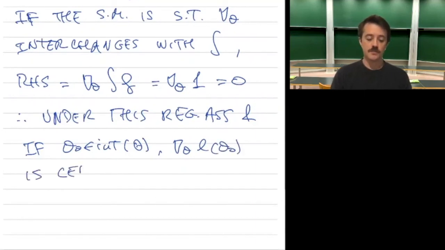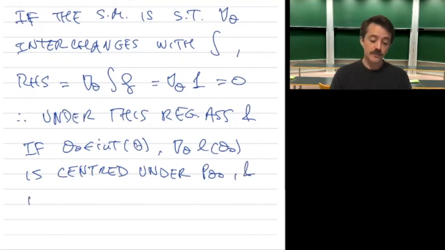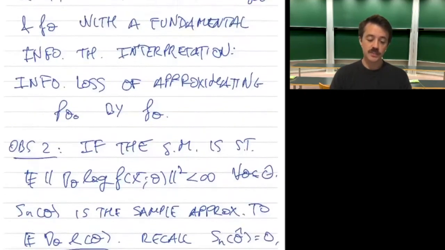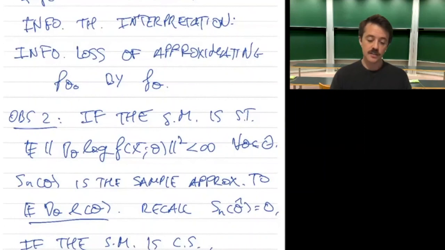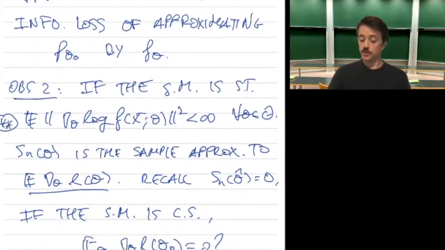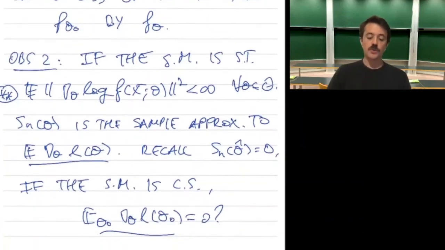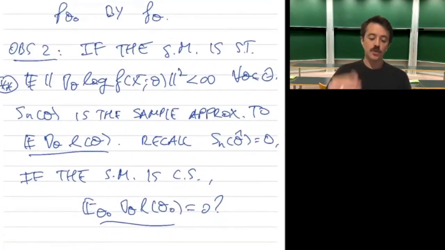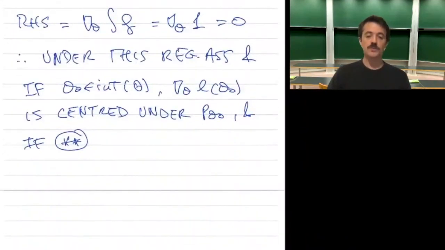That means that it has mean 0, under, of course, the true p theta naught. Furthermore, if we have this double star, which is this guy here, which we haven't used, we used it to motivate this through the law of large numbers, and that's the conclusion I want to make.